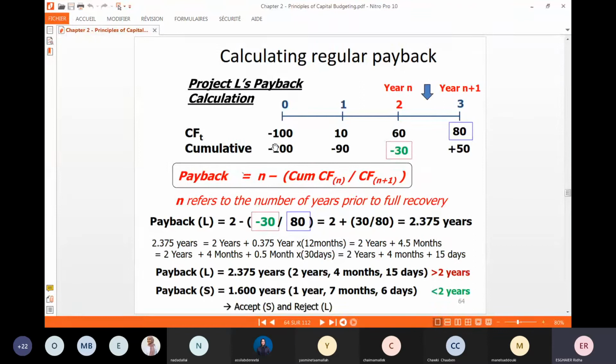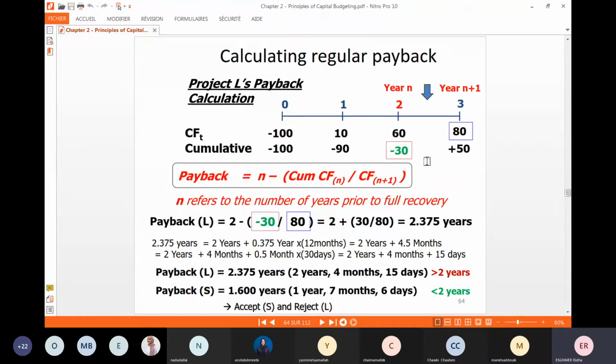Cumulative cash flows means cash flow of year 0 plus cash flow of year 1: minus 100 plus 10, you get minus 90. Minus 90 plus 60, minus 30. Did you recover your initial investment? Of course no, because the cumulative is still negative. You need a cumulative cash flow of 0 to say that we totally recover the initial investment.